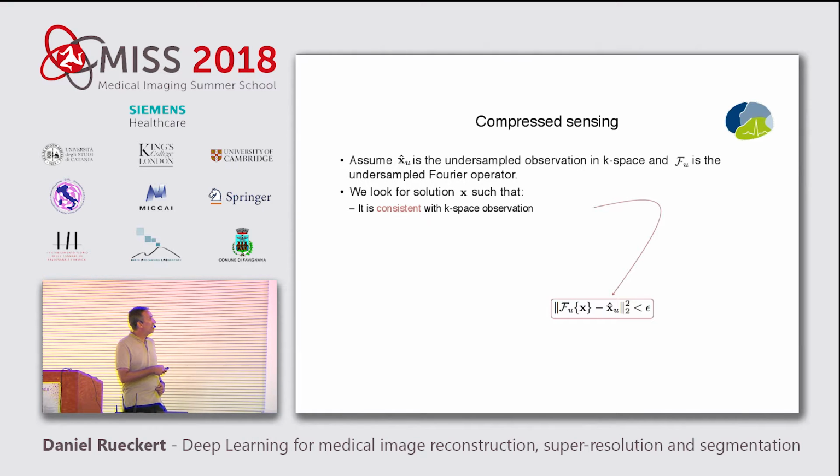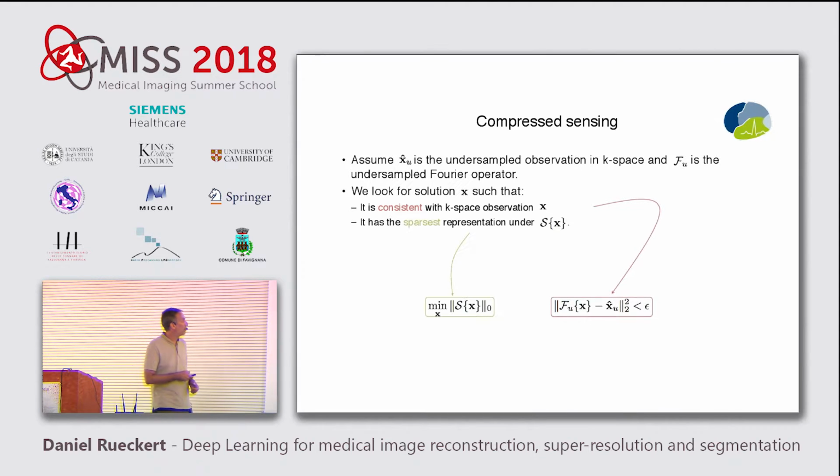And secondly, I would like to make it as sparse as possible by, for example, minimizing the L0 norm, or perhaps in practice the L1 norm. Okay? So now this is an optimization problem which, given an image, you can try to solve. And this optimization problem simply starts with your initial reconstruction and hopefully will maximize sparseness by finding a maximally sparse reconstruction, and hopefully that's your right image. So that's classical compressed sensing. Okay? This has been known for a long time and works pretty well.